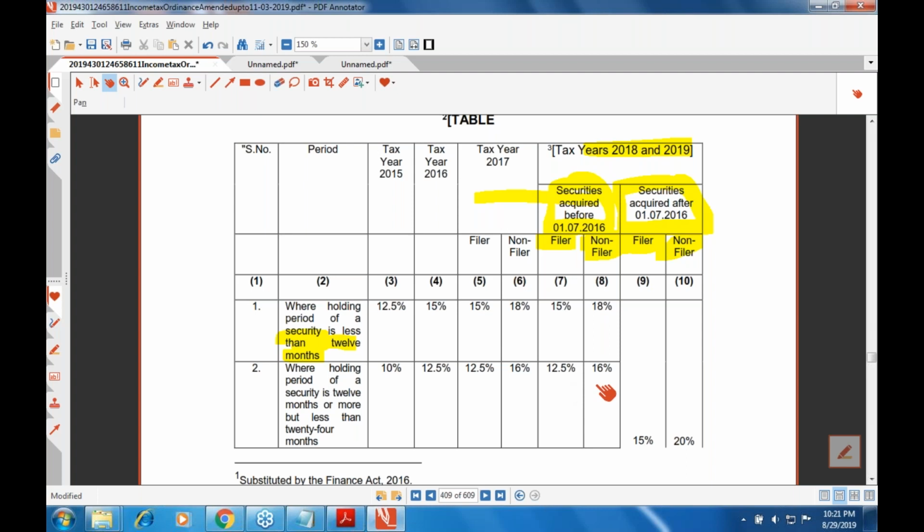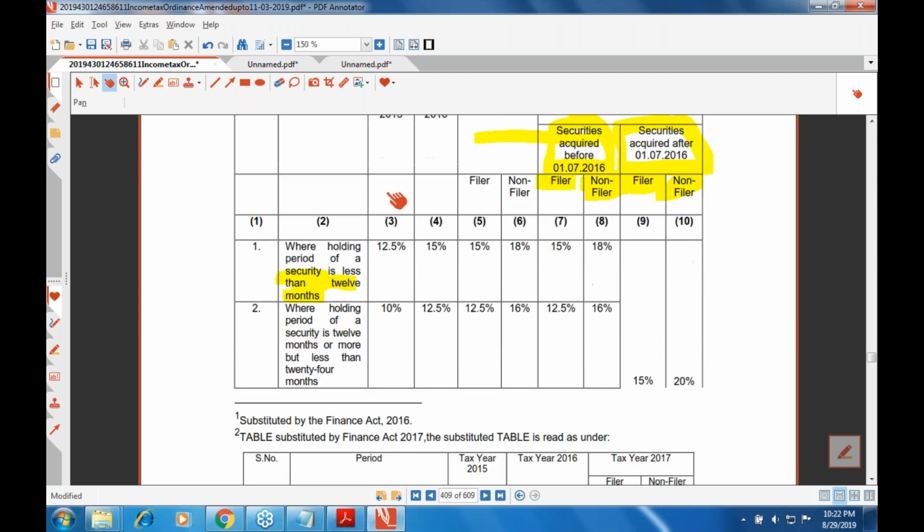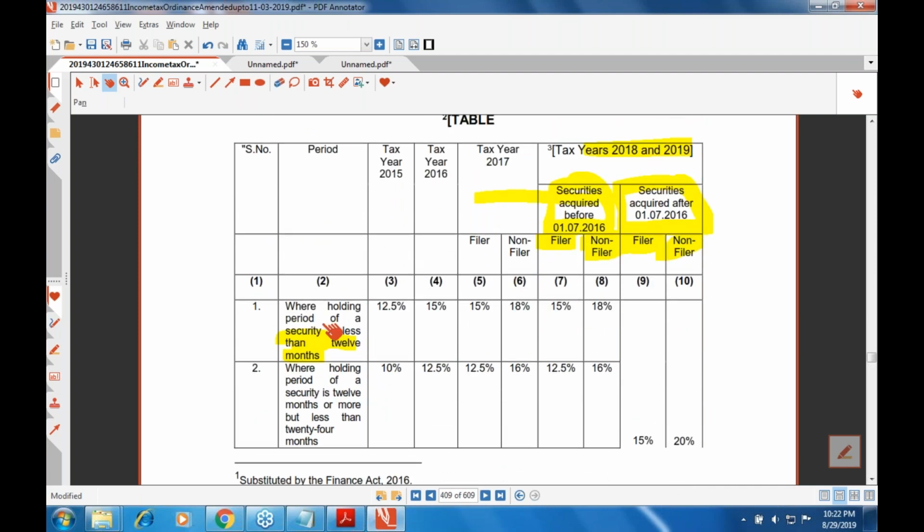The tax rates are easily available in any publication. You can access the tax card for 2018 and 2019, but you need to understand the concept. The concept is, if you have a security, it's going to be taxed under section 37A, with a different tax rate applicable, and the tax will depend upon the holding period.